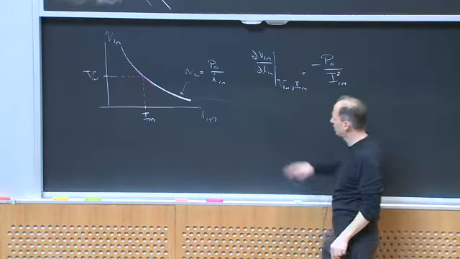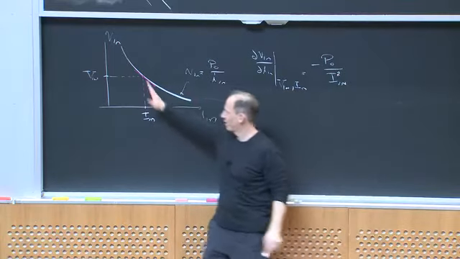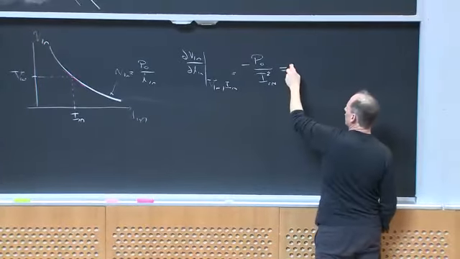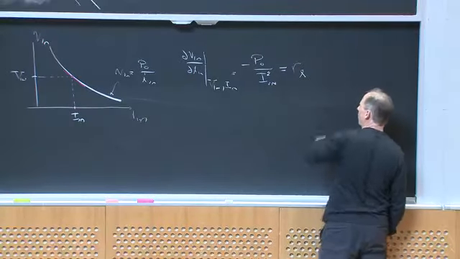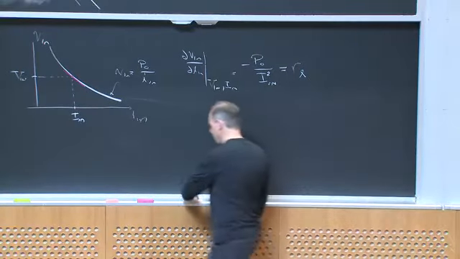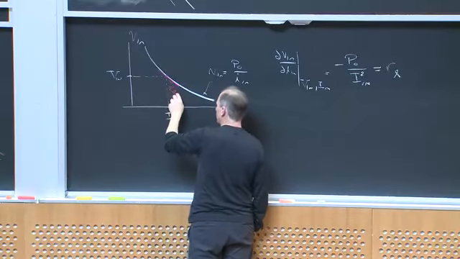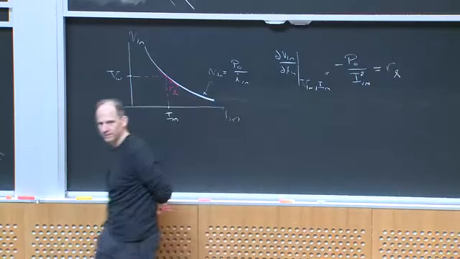Right? All I did was differentiate this and evaluate it at the operating point. And this is equal to what I'm going to call R sub L. Okay? This is R sub L. This slope is R sub L. Okay? That make sense to everybody?